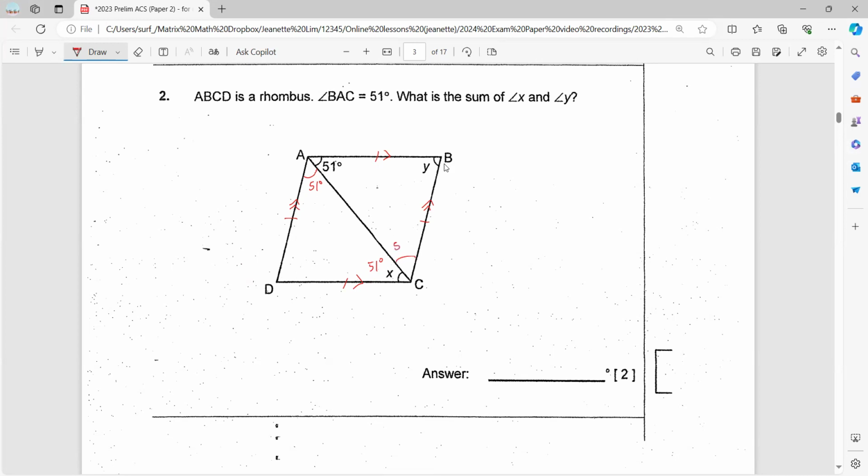To find angle Y, I'll use sum of angles in a triangle. Okay, so 180 minus 51 minus 51. 78. So this is 78, but I don't want the X and Y separately. I want the sum. So you add them up. So 51 for X and 78 for Y.